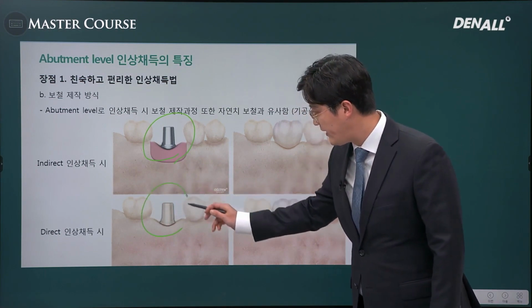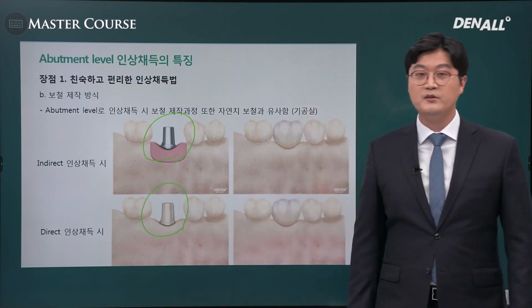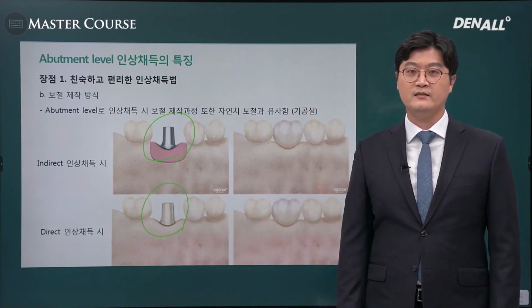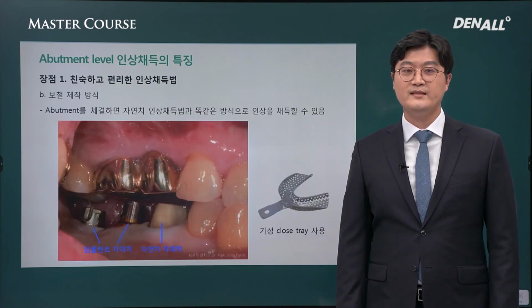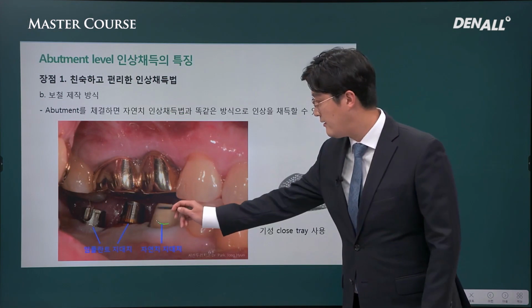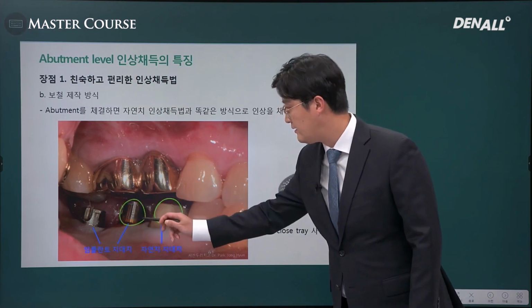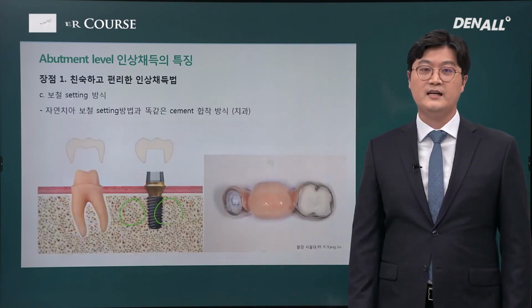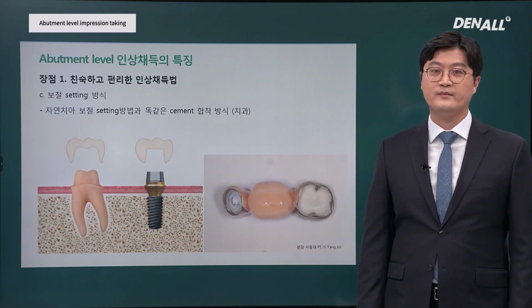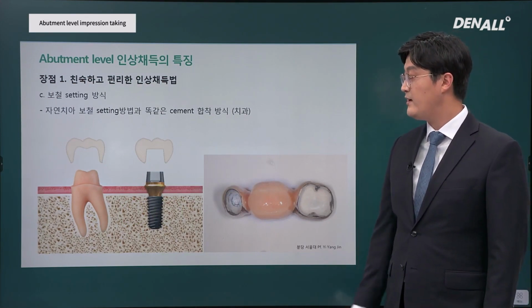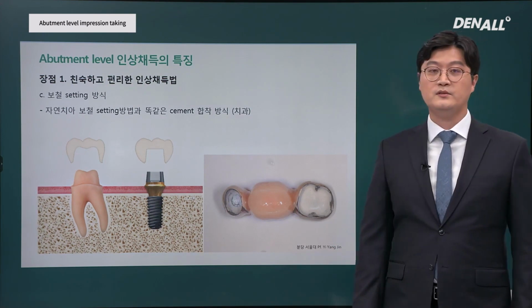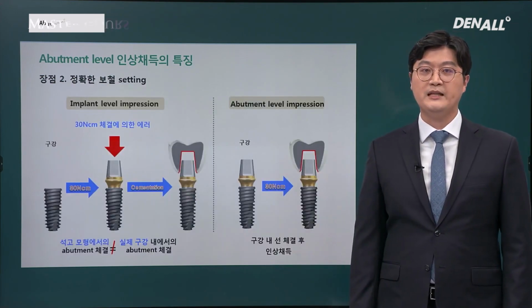For a direct impression taking, the model is made with a stock abutment shape. If you look at this example, impression of a natural tooth and implant abutment can be taken together, which is an advantage. For cementation, it is the same as cementing a natural tooth, so this can be cemented.